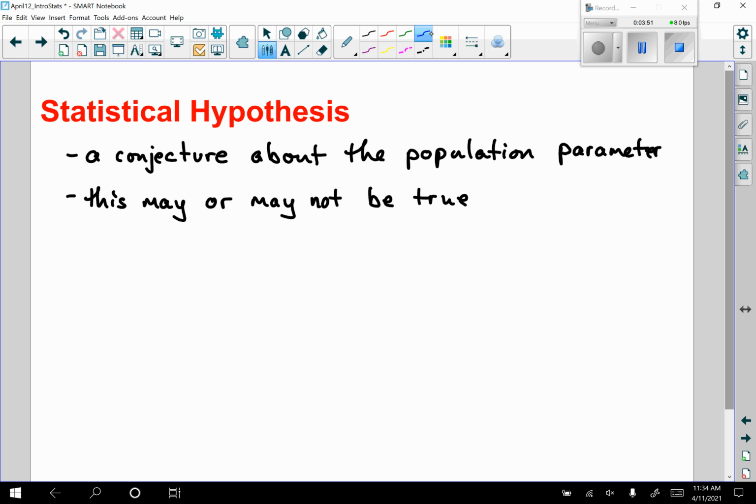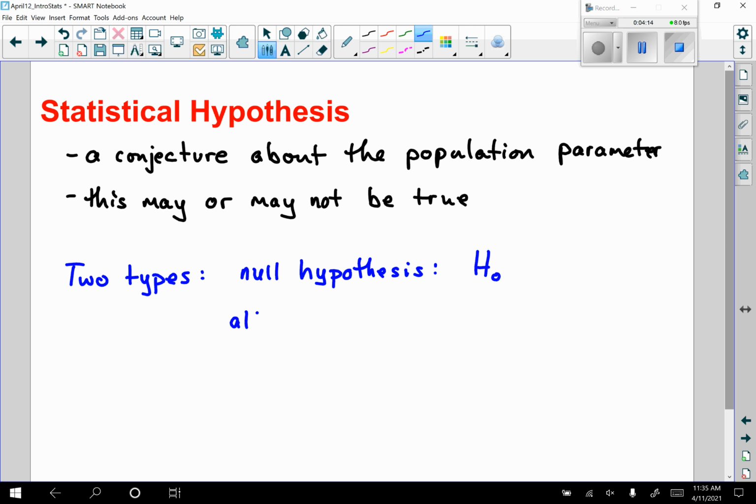So the 2 types that are going to show up in our hypothesis testing, the first is called the null hypothesis. It's denoted by an H sub 0, or what we call H naught.